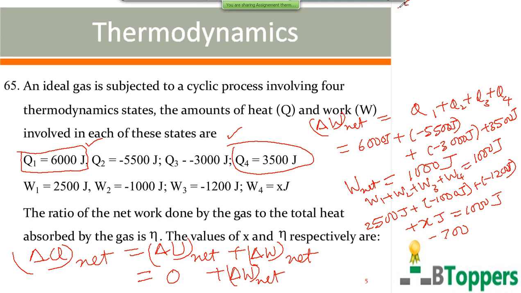Therefore, percentage efficiency is net work done by the total heat absorbed. This is a fractional efficiency. Total heat absorbed is Q1 plus Q4.